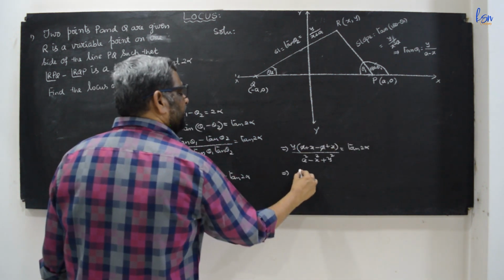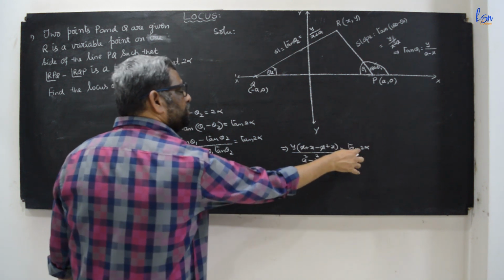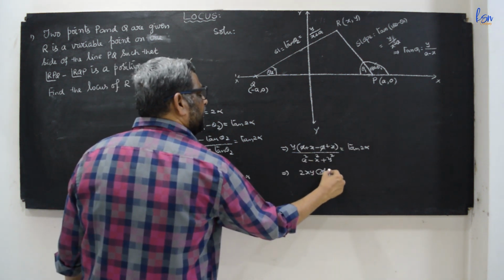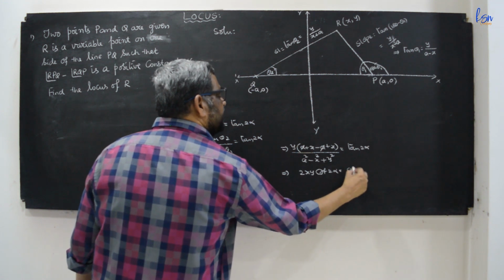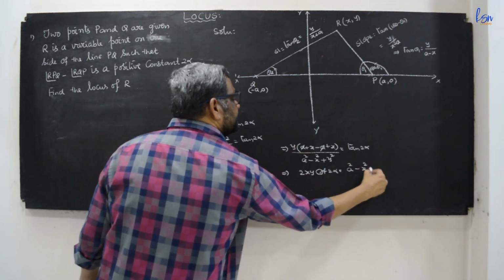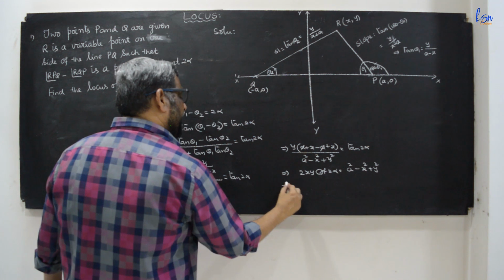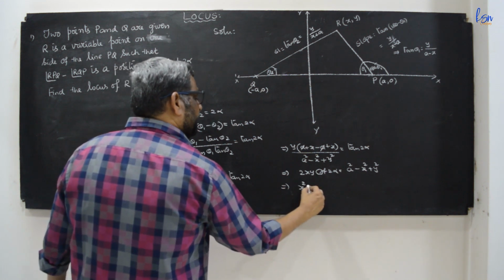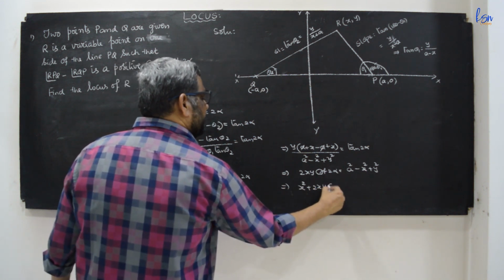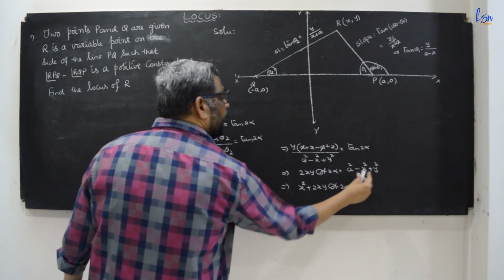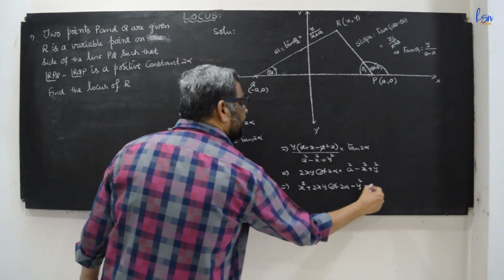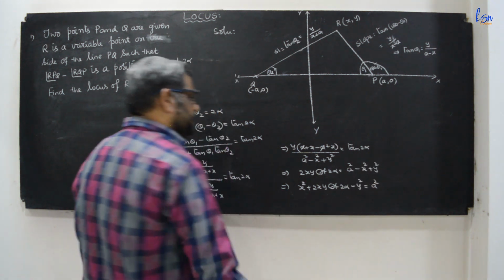So 2xy into cot 2 alpha is equal to a square minus x square plus y square, which implies x square plus 2xy cot 2 alpha minus y square is equal to a square. This is the locus.